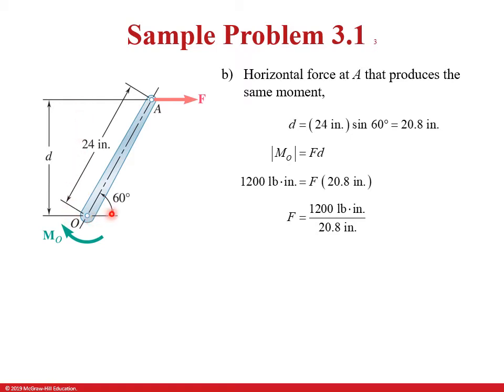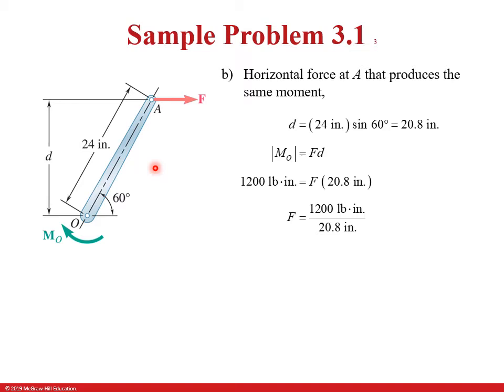So notice now we're looking at the vertical distance. So if this is a triangle, 24 inches is the hypotenuse, right? The perpendicular distance from the origin to the line of action of that force is the height of this triangle, D, right? So it's sine, right? Sine is opposite over hypotenuse.